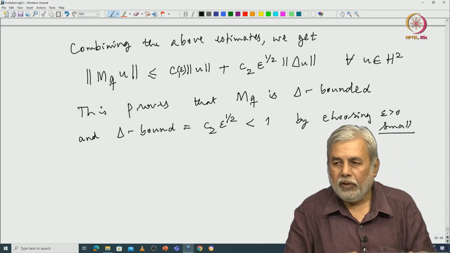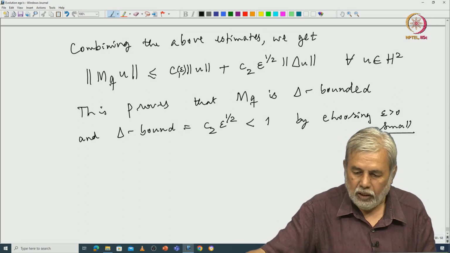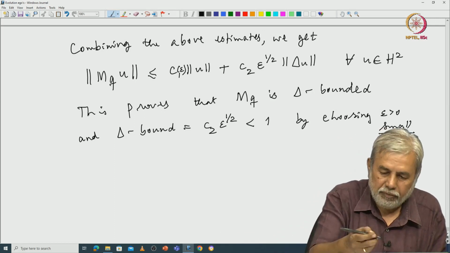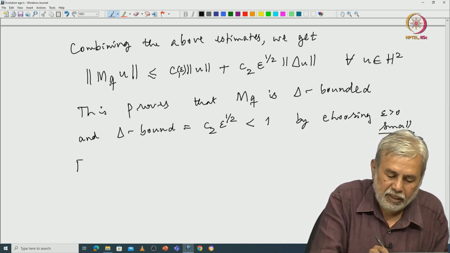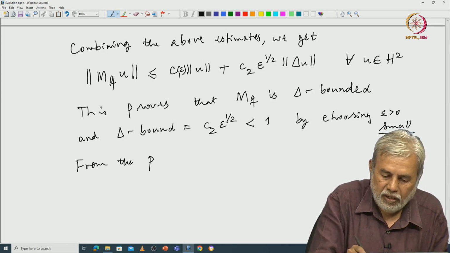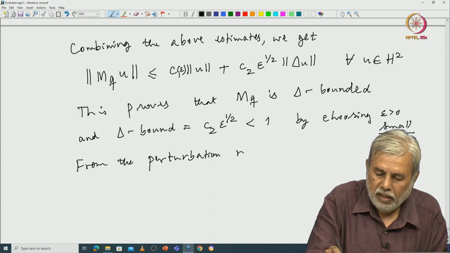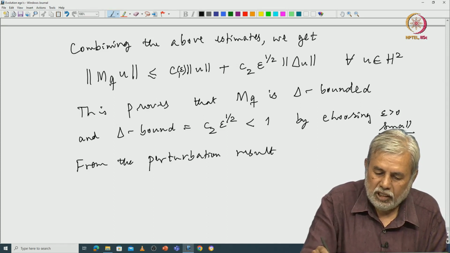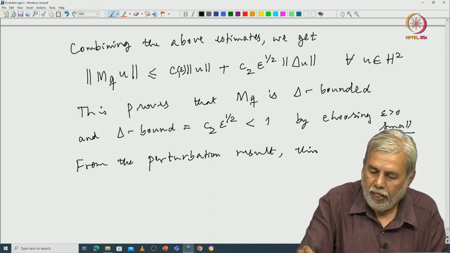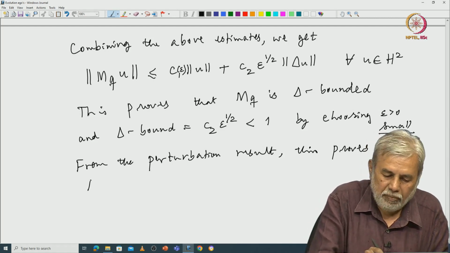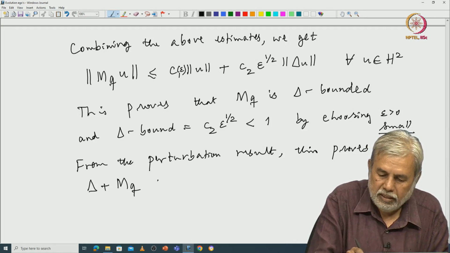And so, that proves, again from the perturbation result, that Laplacian plus MQ is self-adjoint.